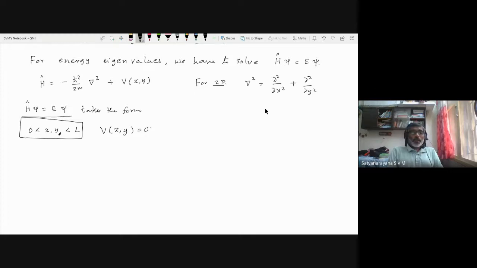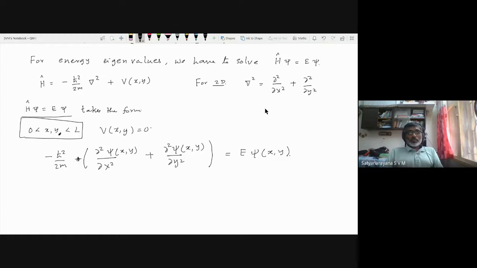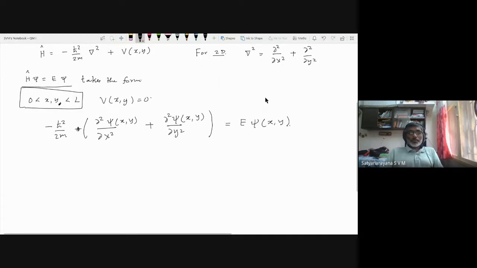So we have minus h bar square by 2m into del square psi of x comma y by del x square plus del square psi of x comma y by del y square is equal to E into psi. So this is the equation.